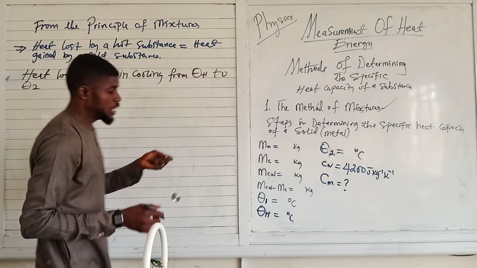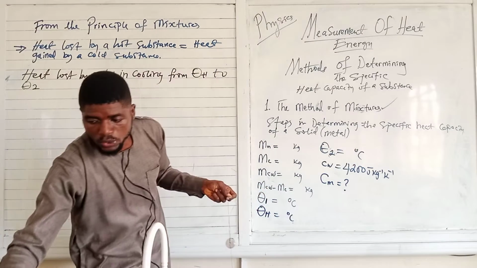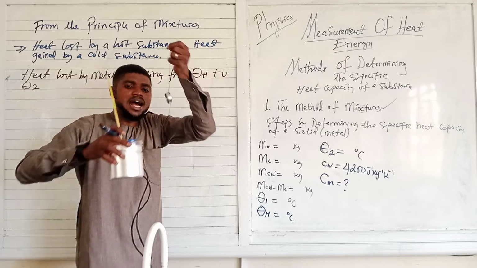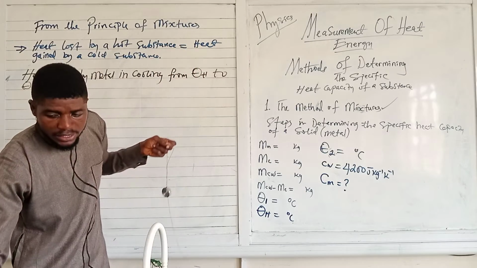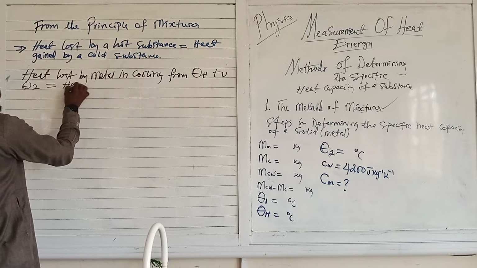Theta 2, when it was dropped into the calorimeter and the temperature rises, theta 2, is equal to what?